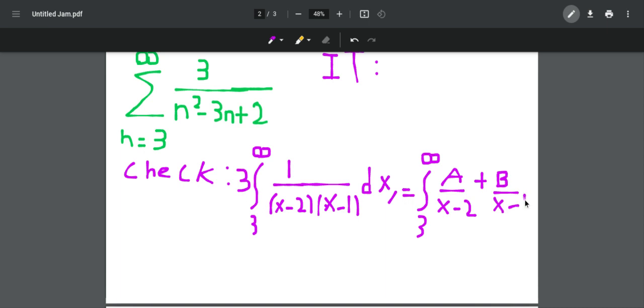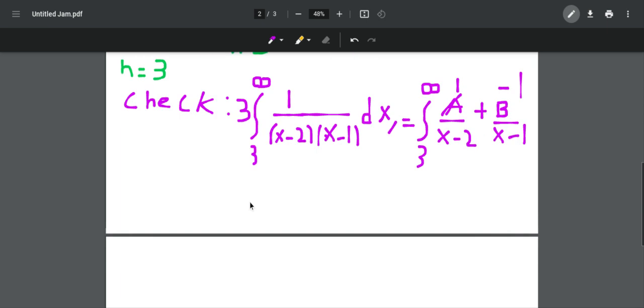For the cover-up method, we can cover up, for example, x minus 2, set it equal to 0, and then solve it, and put the 2 in the other factor of this expression. So x minus 2 equals 0 gives x equal to 2, and then 2 minus 1 is 1, so the A value is just 1. Same with x minus 1: set it equal to 0, we get x equal to 1, put it in the other factor here, and we get negative 1 for B.